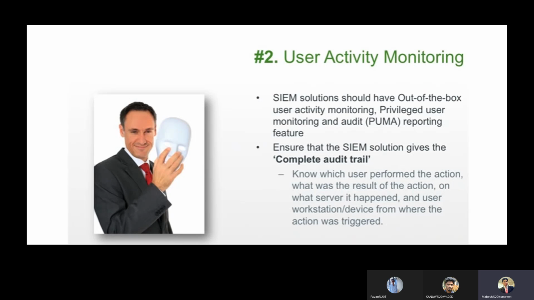So we know which user performed the action, what the result of the action was, on what server it happened, and the user workstation device from where the action was triggered. You need to understand the complete audit trail, and it provides privileged user monitoring for auditing purposes.